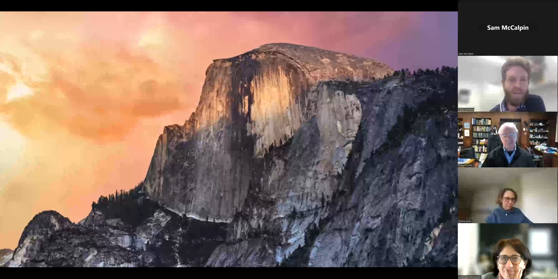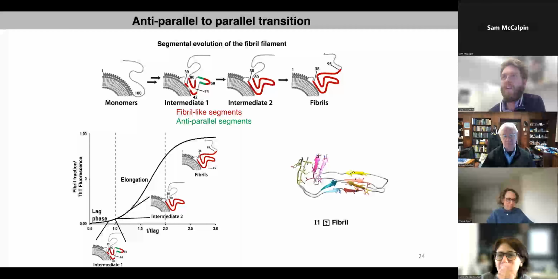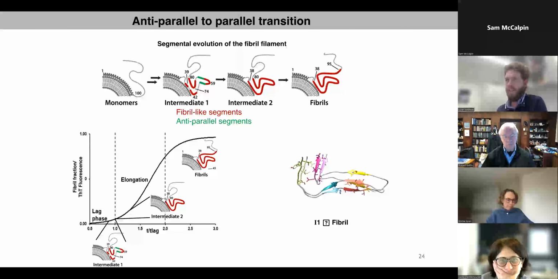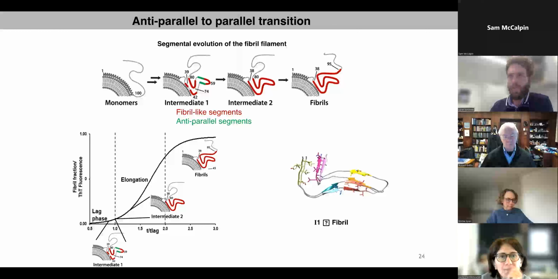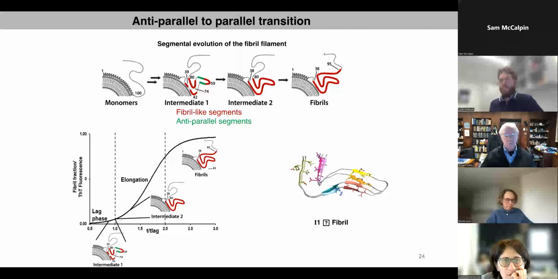Yeah, let me share the screen one more time. This is a very slow movie showing a dimer species transitioning from anti-parallel to parallel. So I could not figure out how to speed up this movie, but you can see it. It is, at least for the dimer, something which can be imagined.